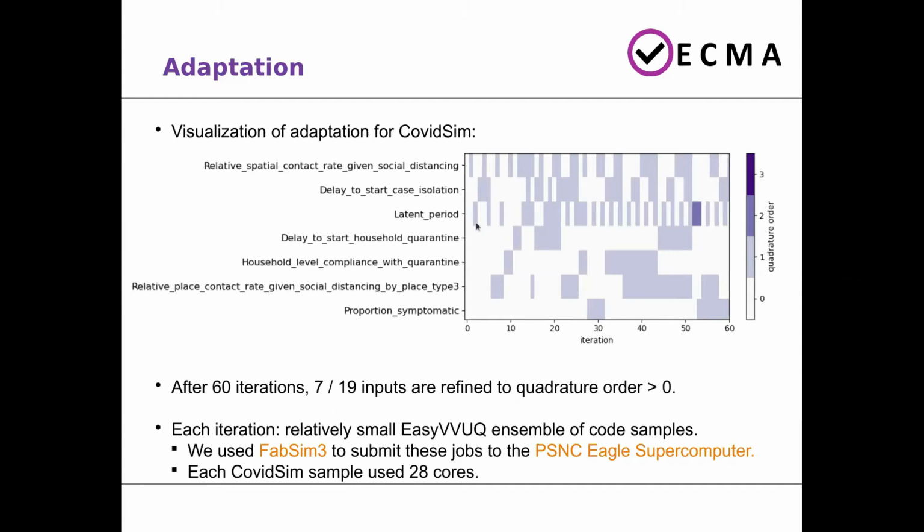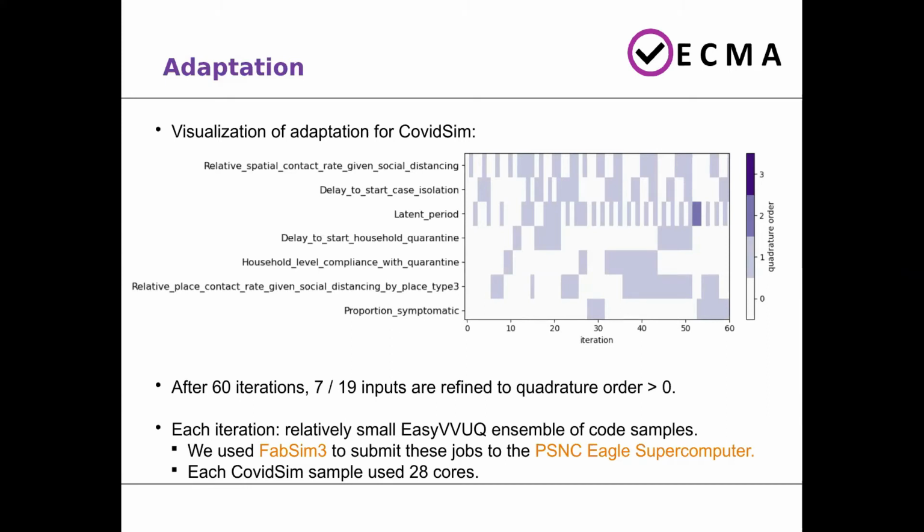Now each little colored block that you see is like a mini ensemble. It could be as low as 2 points, it could be 30 or 40, you don't really know, it depends on how many inputs you refine and to what order they are refined, so you don't know beforehand how large this is going to be, but it's not that large.